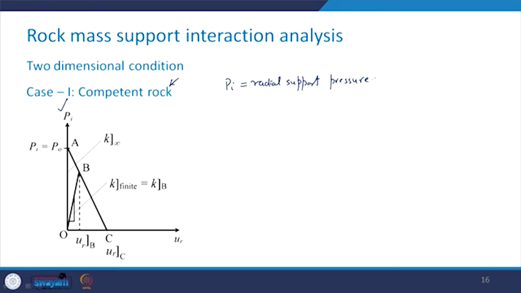And in this figure you can see that this Pi has been plotted against the radial deformation, which is ur. So, ur we are saying is the radial deformation.